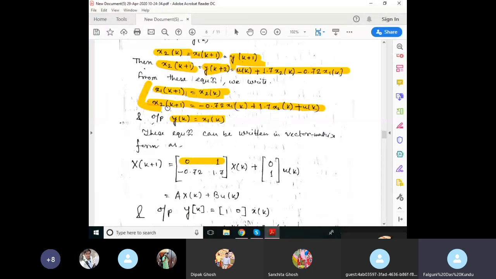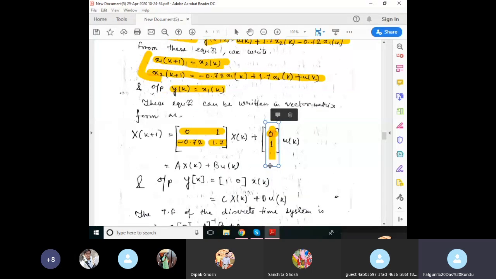Now for the second, x2 of k plus 1, for x1 this is minus 0.72, and for x2 this is 1.7. In the first row there is no u of k, so we put 0, and for the second there is one u of k, so this is 1. So it is a column matrix.